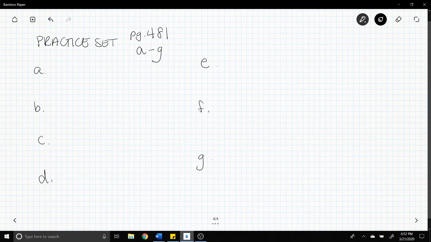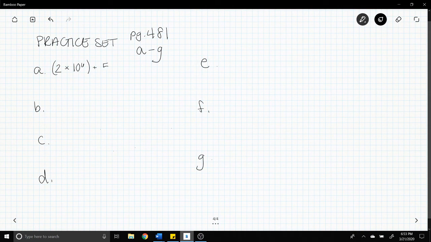All right, hopefully you paused the video because I'm just jumping into the answers now. Letter A says write 2,500,000 in expanded notation using exponents. So recall here that you just need to write your digit and multiply it by the power of 10 based on its place value. So 2 is in the millions place, so that is 10 to the power of 6.